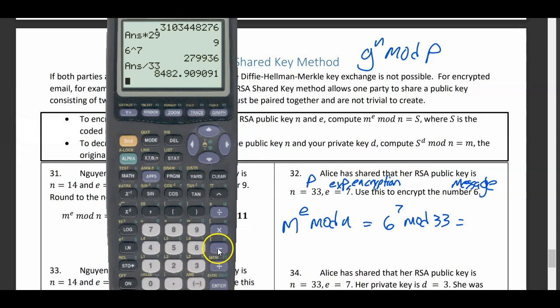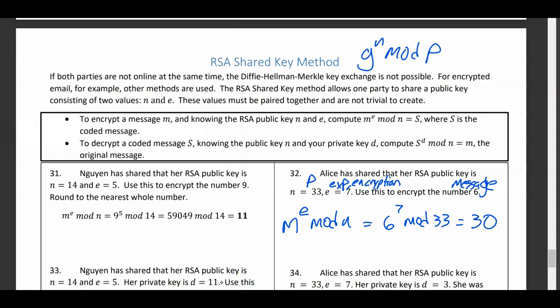Divide by 33, subtract the whole number, multiply by 33, 30. So our number 6 would be encoded as 30. We would send Alice 30, and she would know her decryption code. She was the one that worked out her decryption, encryption, and combination, and she shares the 33 and the encryption 7. We don't know her decryption number. But then we send her 30, and she uses her decryption to get the original message 6 back out.